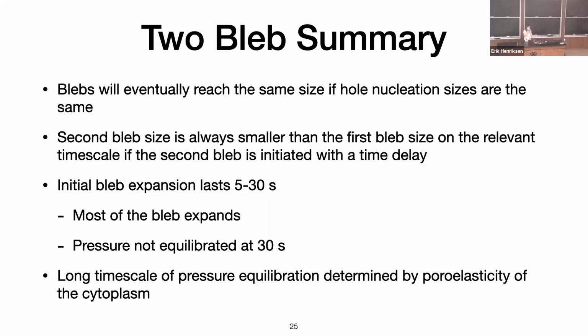Yes. Does a bleb ever rupture? In my models, yes. It's pretty easy to get uncontrolled bleb growth in my models. For the fluid cytoplasm model, if you just decrease the membrane stiffness and surface tension term, then you can get a huge bleb. And I comment on that in the paper.